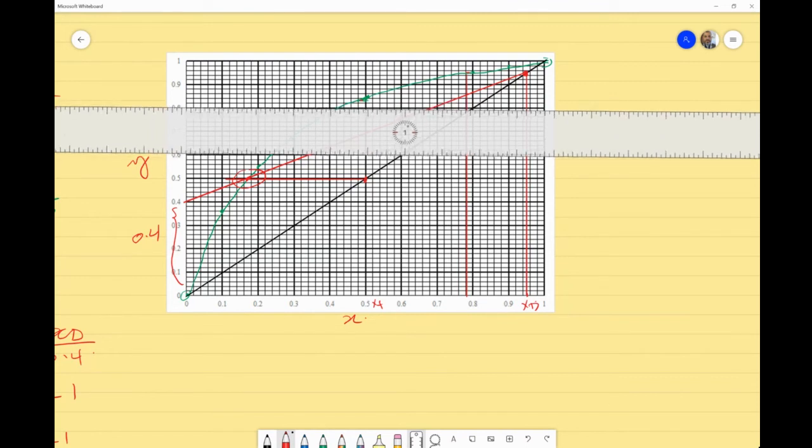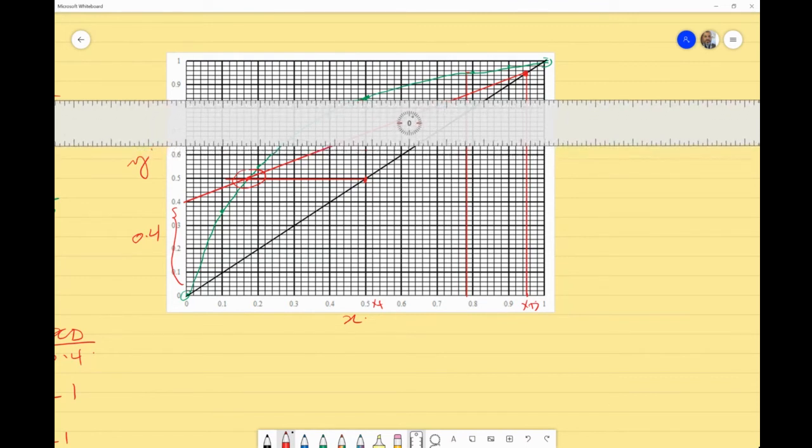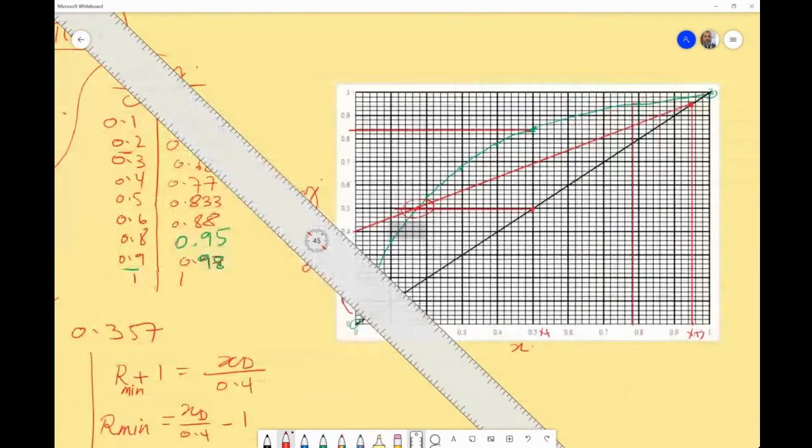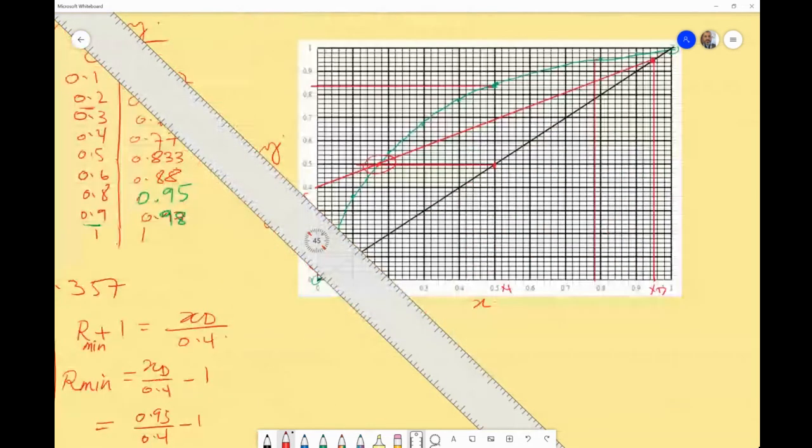Okay, so this is my 0.82. This is my 0.84 here. Okay, and I turn this one down here. Upsy daisy, upsy daisy.